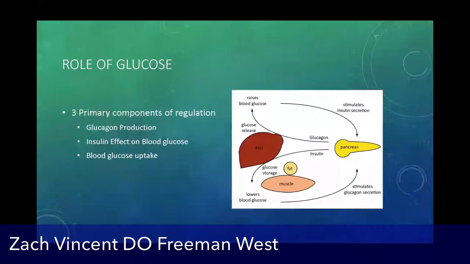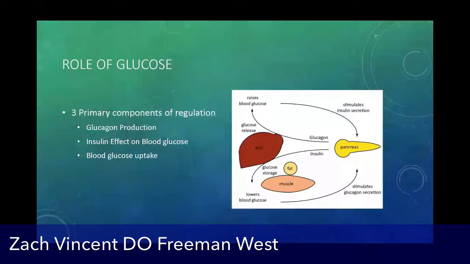When it gets to these areas, there are different receptors on these tissues that the insulin binds with, and then allows the glucose to enter those cells to be used for energy. As the insulin makes its way around the body, the glucose levels in the blood obviously decrease as the glucose is being offloaded to various tissues. And that's one check and balance.